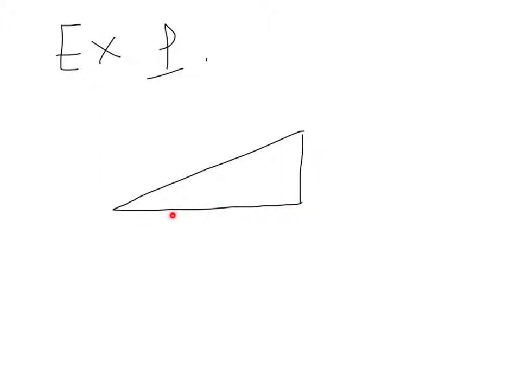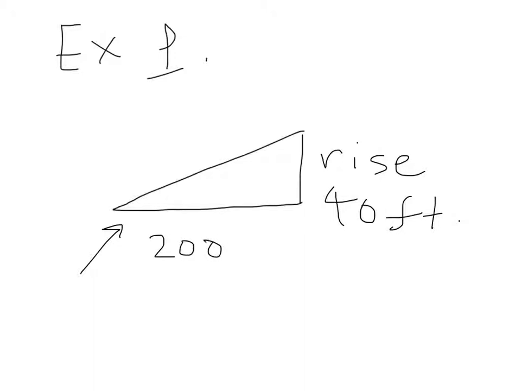Now let's say we are given that our vertical rise in this case is 40 feet, and we're told that our run here is 200 feet, and we're asked to calculate what the slope is going to be.